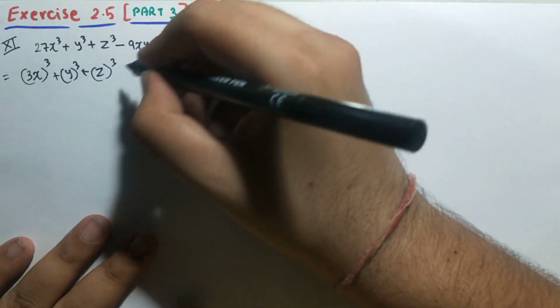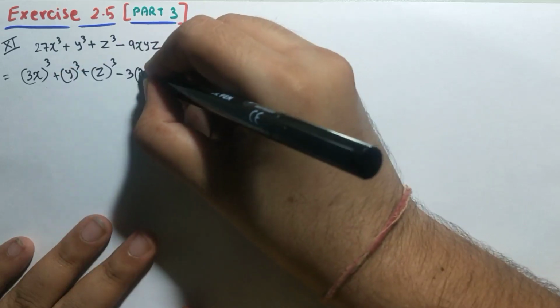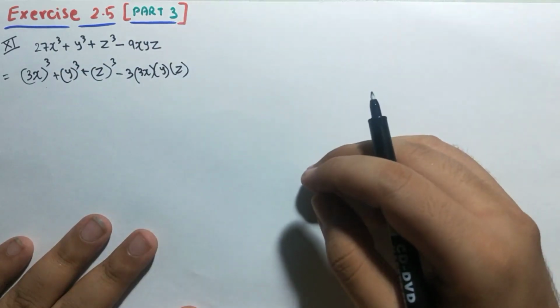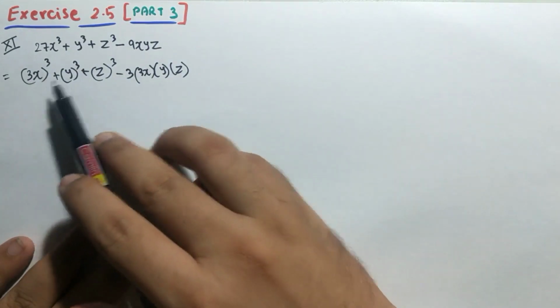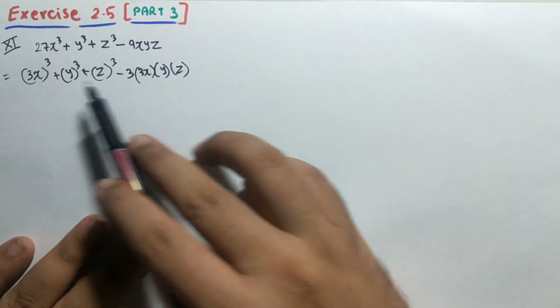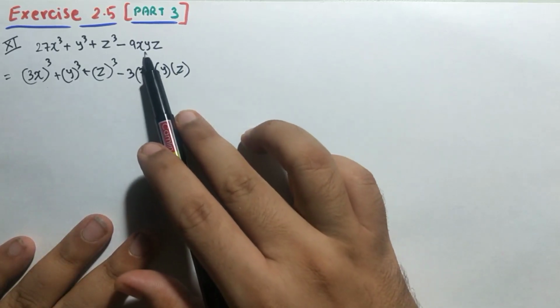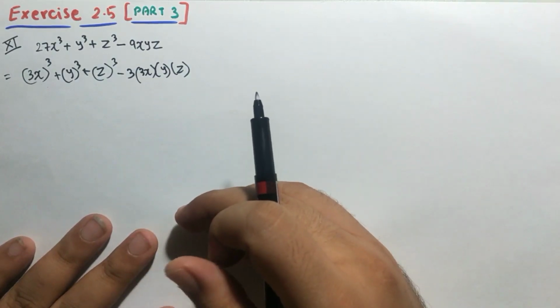Ignore this term. Just write minus 3 multiplied by the first term 3x, the second term y, and the third term z. Just write minus 3 into first term into second term into third term. If you multiply them, you will get this number, which shows you are going on the right path.